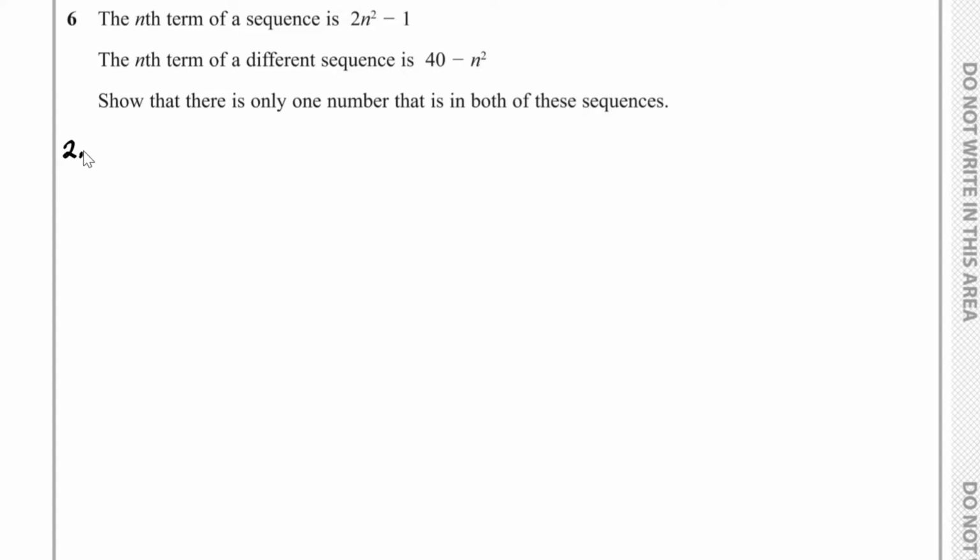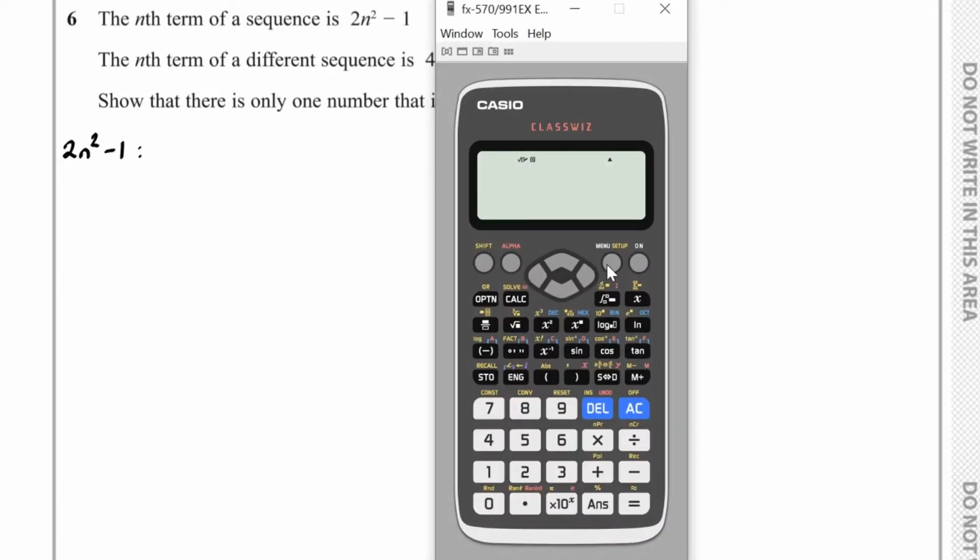So if we consider this 2n squared minus 1, we can use the table function in our calculator. So access the table function, type this function in, and list the first, say, 10 terms.